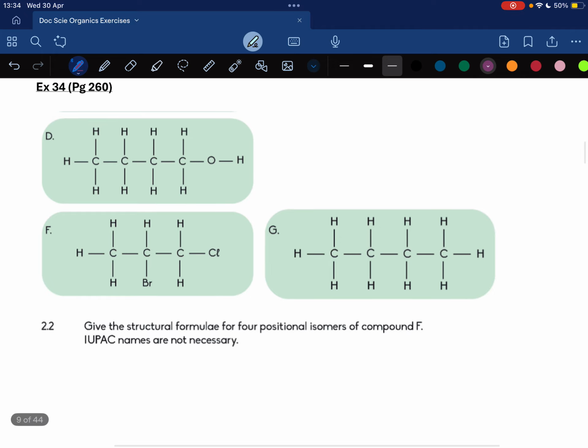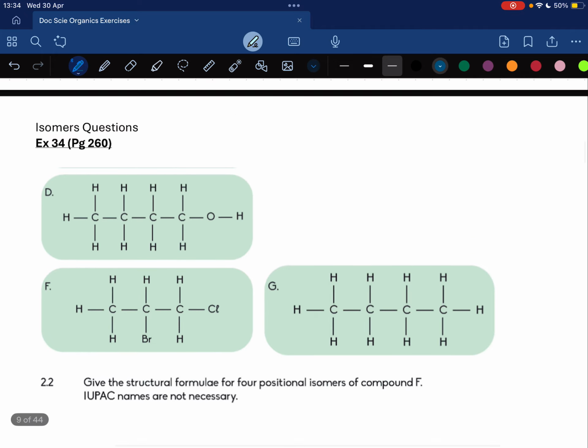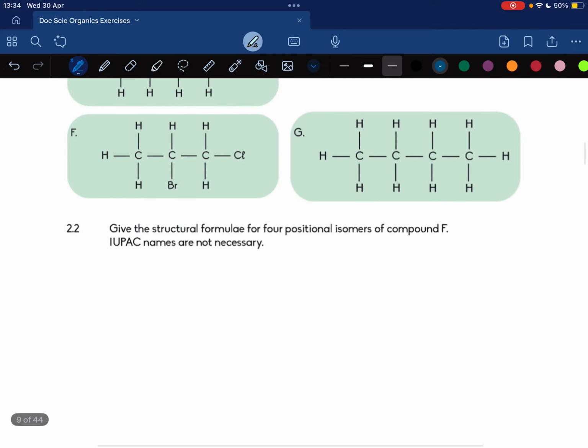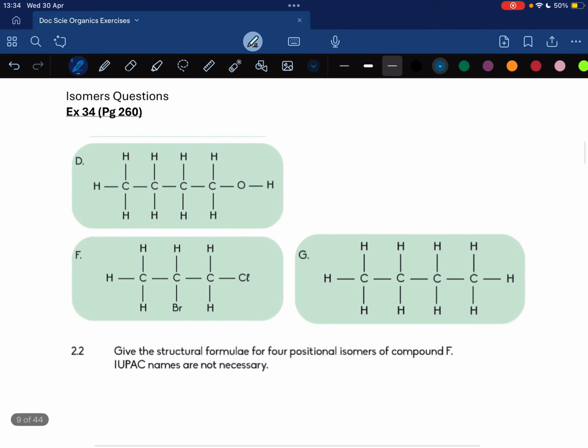So if we look at the first question, the first example comes from exercise 34. It was number 2.2. So pause and then take a moment to obviously check, go to this page, and we can answer then the remaining questions. So you can say isomer questions and then just make reference of where in the textbook you are getting the questions from.